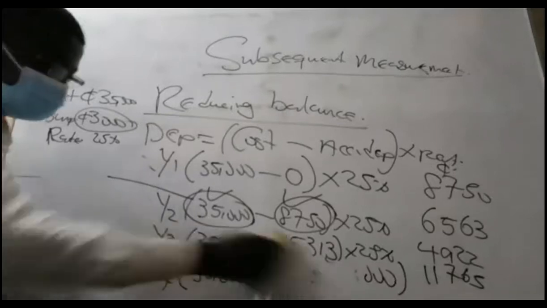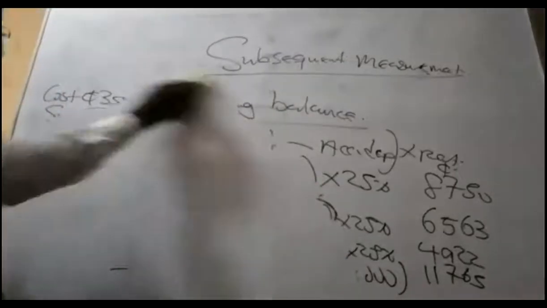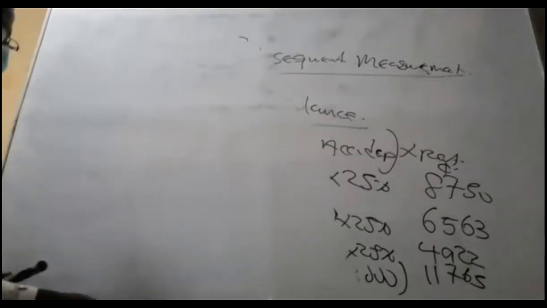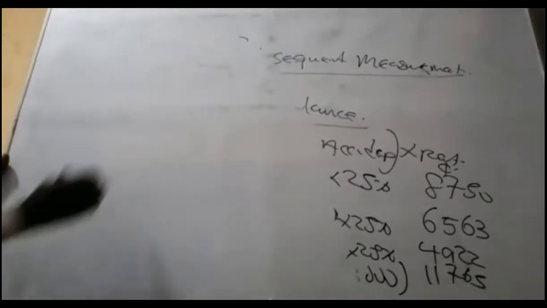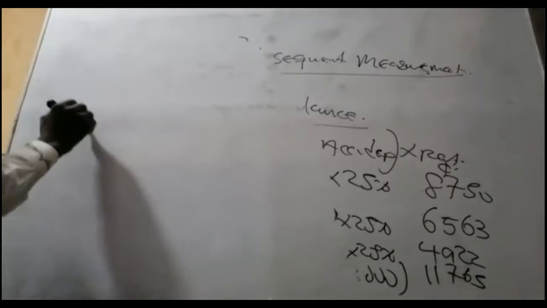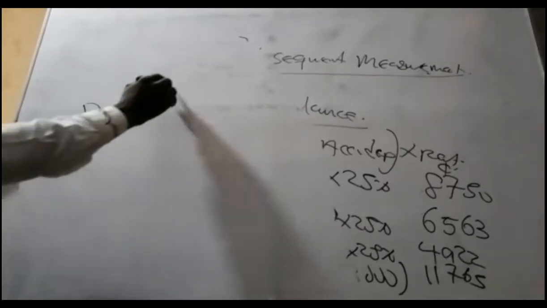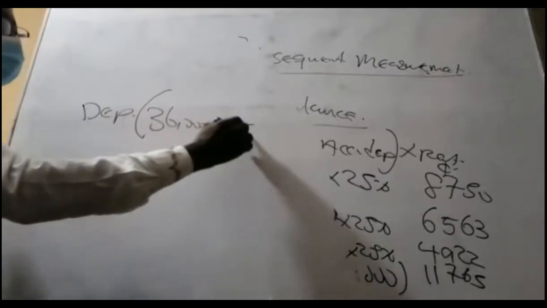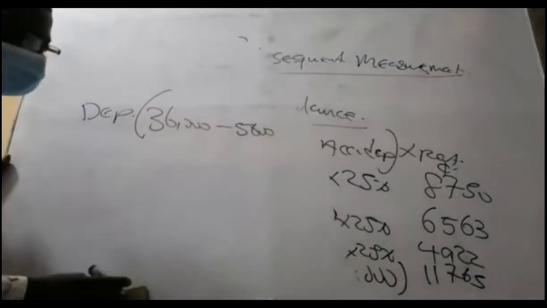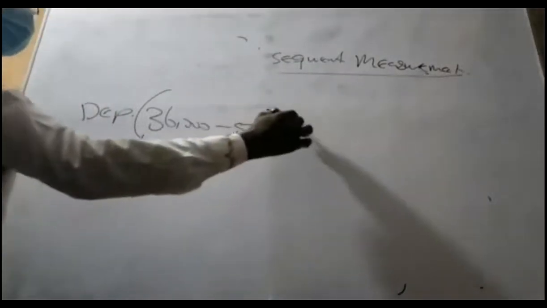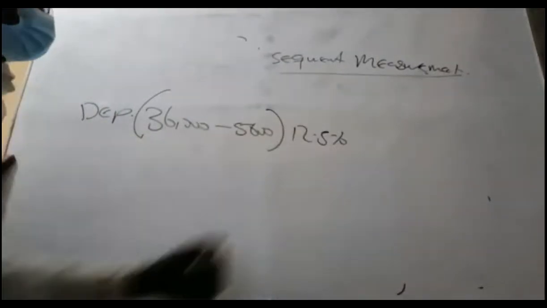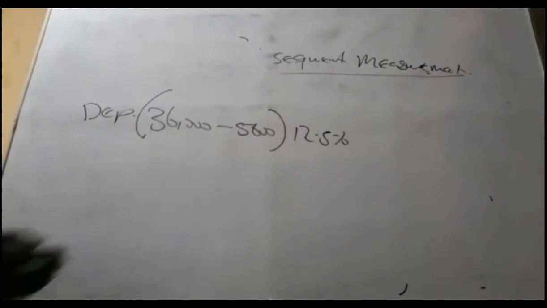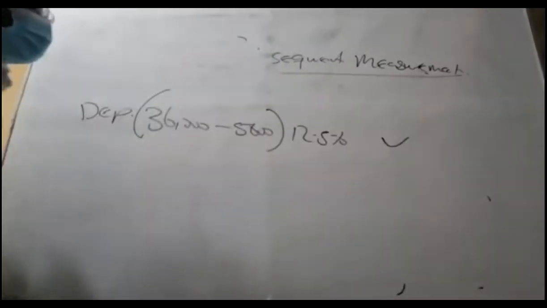All you have to do is relax. What is the cost of the plant? So depreciation for Success, open your bracket, it will be 36,000 less accumulated depreciation 5,600, times 12.5%. You are done. Whatever answer you get, that's the depreciation.